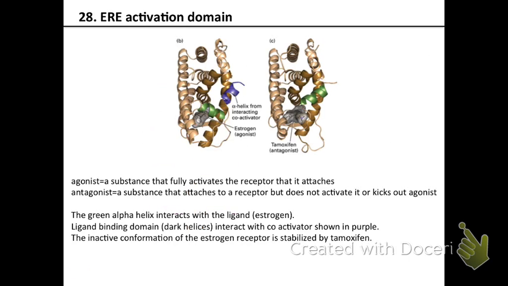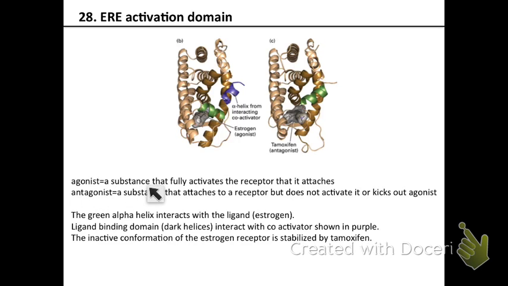All right. So how do they actually activate transcription molecularly? Here is a crystal structure of the estrogen receptor activation domain that is bound to estrogen, which is the hormone, or tamoxifen. Tamoxifen is an antagonist. The hormone is called the agonist.